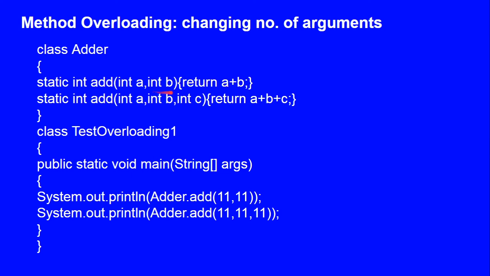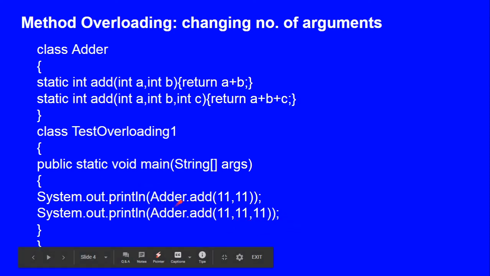Now when the system sees the next line, System.out.println adder.add, the arguments are 11, 11, 11. Just for example, the same value is given; we can give any values. Now the number of arguments is three. When this statement is reached, the system will identify this method because the arguments are a, b and c, which are 11, 11 and 11, and the function is performed as a plus b plus c, that is 11 plus 11 plus 11, to give 33 as the answer.